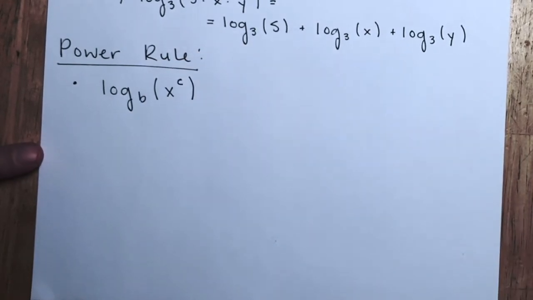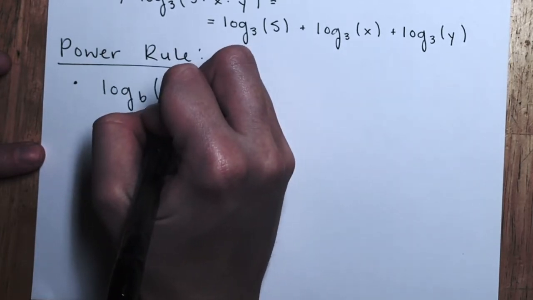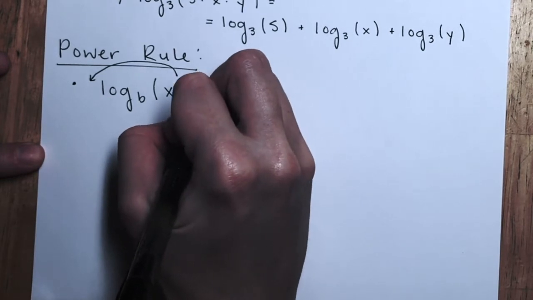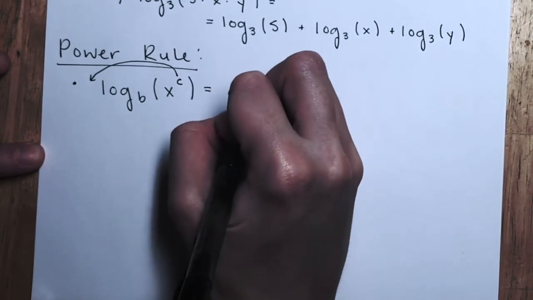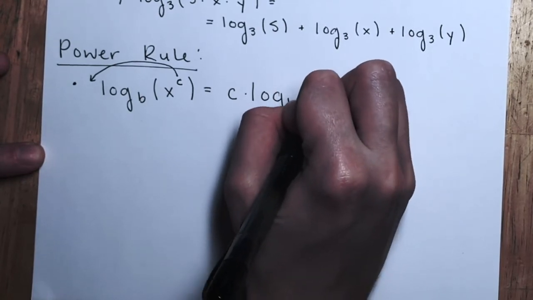We have log base b of x to some exponent. Power rule tells us that we can take this exponent out front so that this would be equal to c times log base b of x.